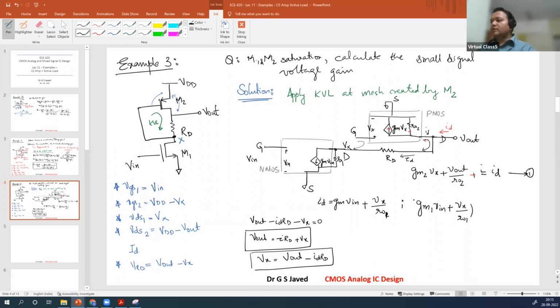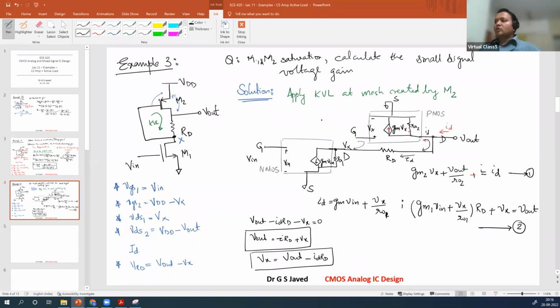That multiplied by RD is the current into RD, the voltage, plus Vx is equal to V out. So this is the same equation. Vx equals V out minus IDRD is given here. So this is one equation.